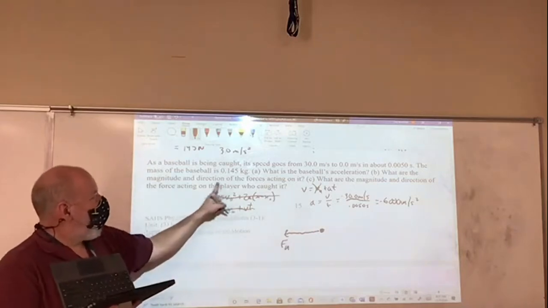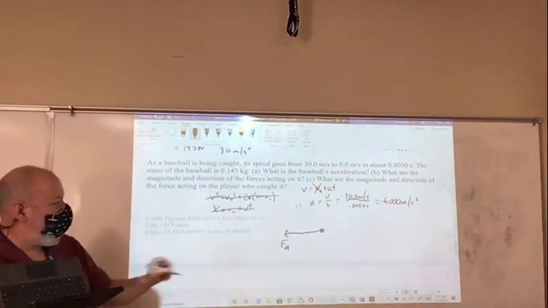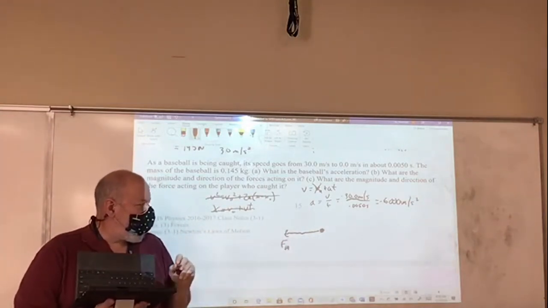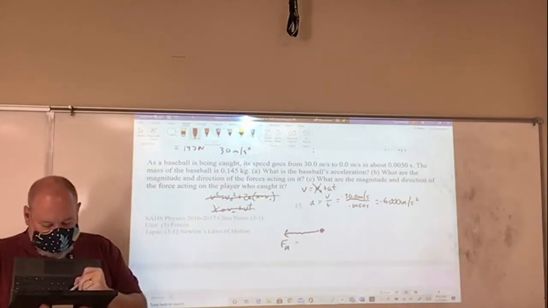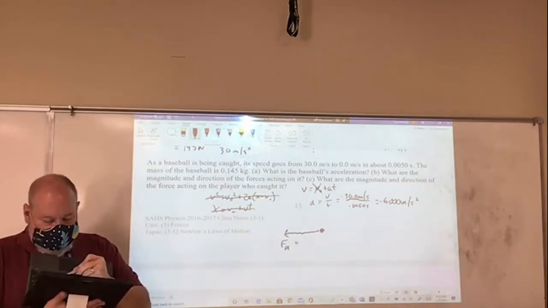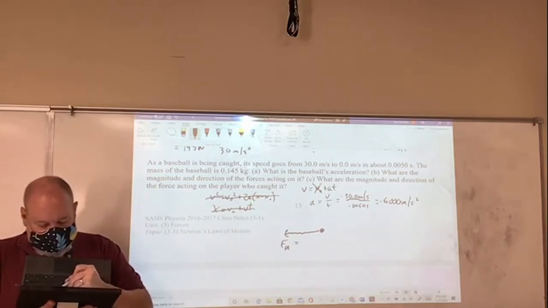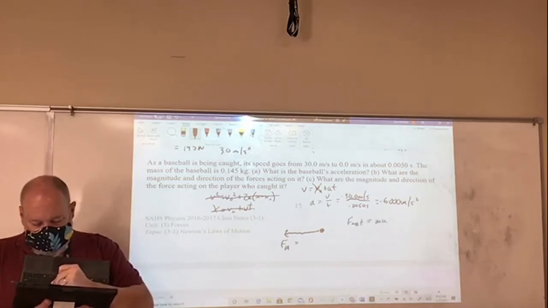Okay, so what are the magnitude and direction of forces acting on the baseball? The direction is going to be that there is a force acting in the negative direction, right? And I want to know what that force is, and I know that I can create a net force equation, right? After I create my free body diagram, net force equals mass times acceleration.